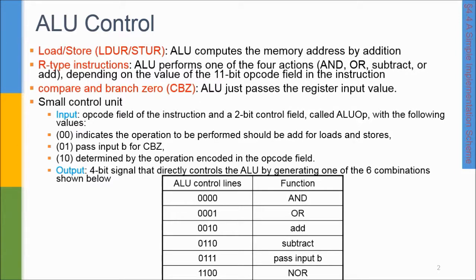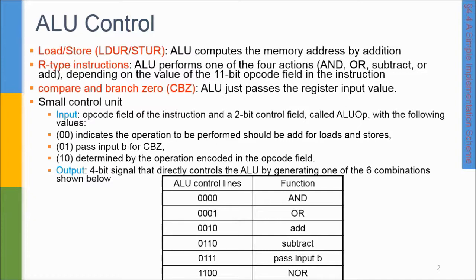In the last, when the control lines are 1100, the NOR function is performed by the ALU. So depending on the instruction class, the ALU will need to perform one of these first 5 functions, because NOR can be used for other parts of the LEGV8 instruction set not found in the subset we are implementing. For load register and store register instructions, we use the ALU to compute the memory address by addition.